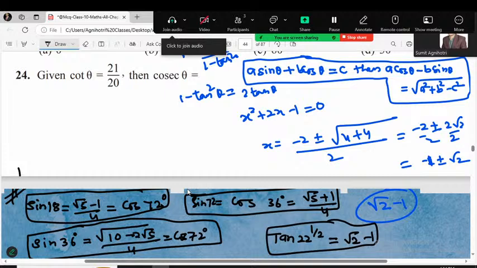That I was telling is sine 15, root 3 minus 1 over 2 root 2, and cos 15, root 3 plus 1 over 2 root 2.